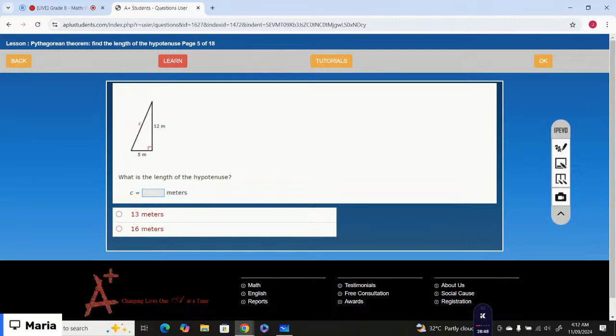The correct option is option number 1. That is 13 meters.